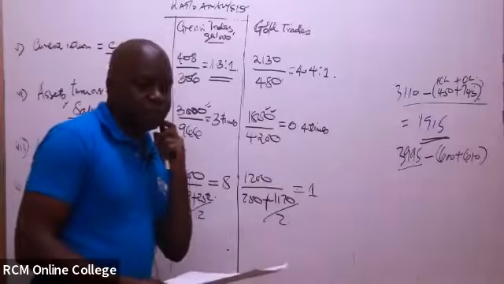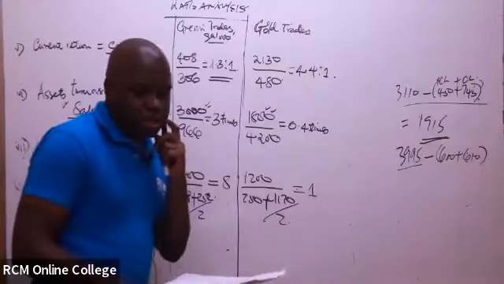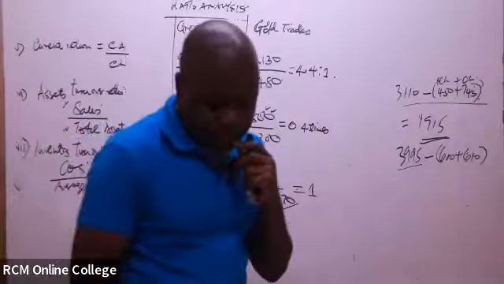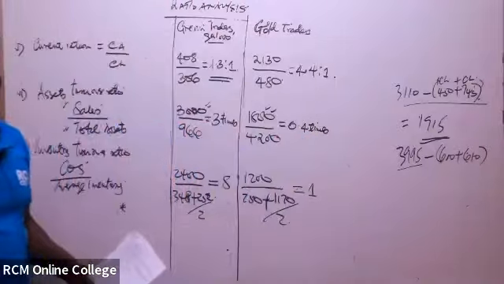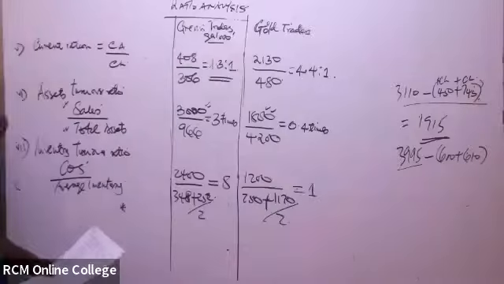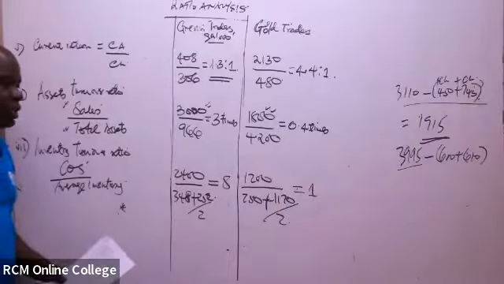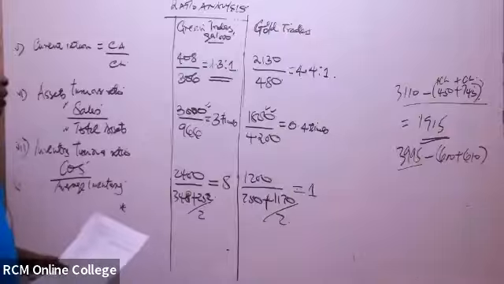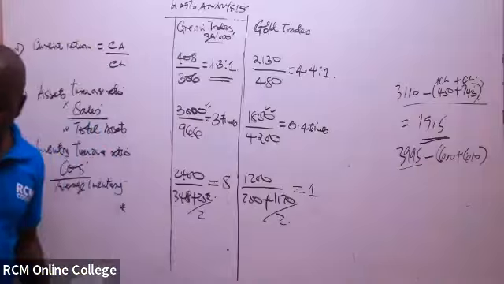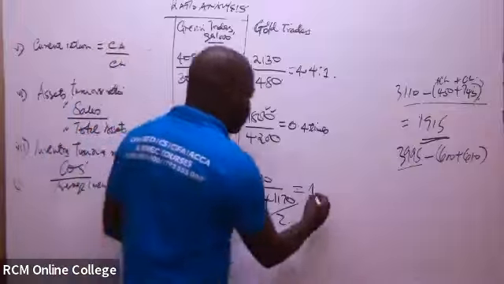This particular ratio indicates the frequency with which the inventory is converted into sales. How quickly are you converting your inventory into sales? It is 1.25.